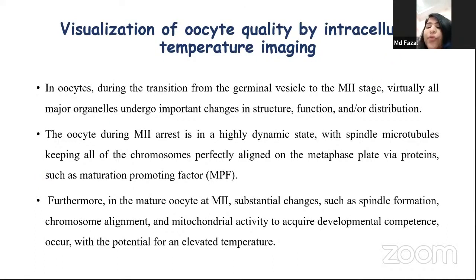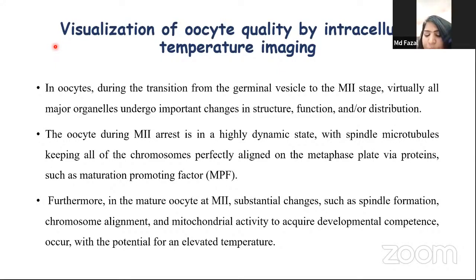So, visualization of oocyte quality by intracellular temperature. This was one very good study. The oocyte during M2 arrest is at a very dynamic stage. With spindle microtubules and keeping all the chromosomes perfectly aligned, it's a very difficult task in the metaphase. It is called the metaphase plate, through which all the chromosomes are held together.